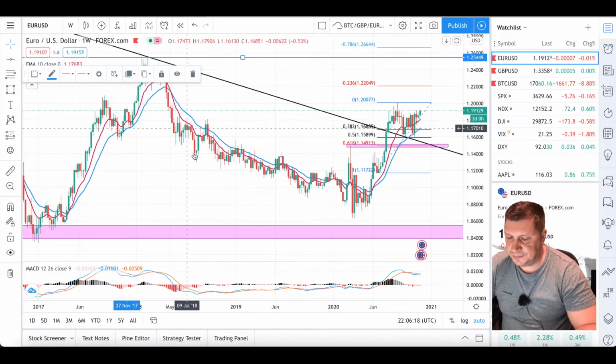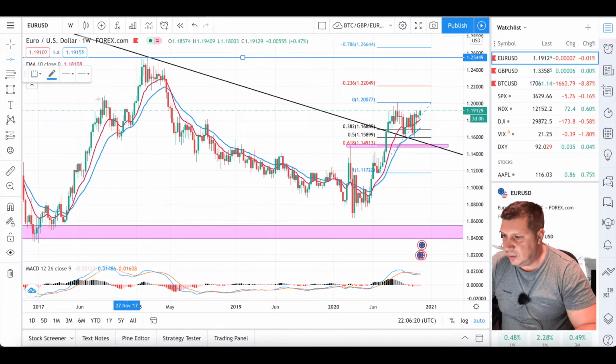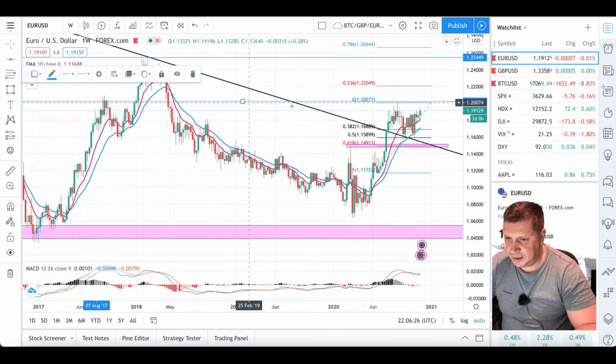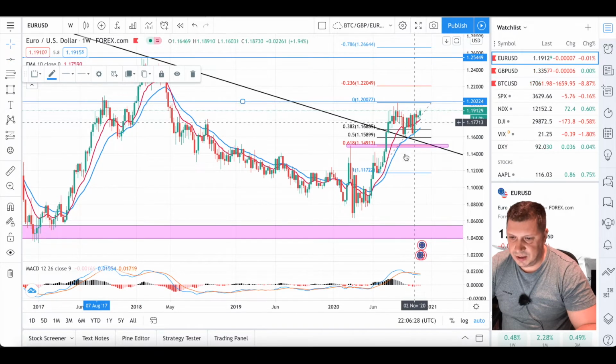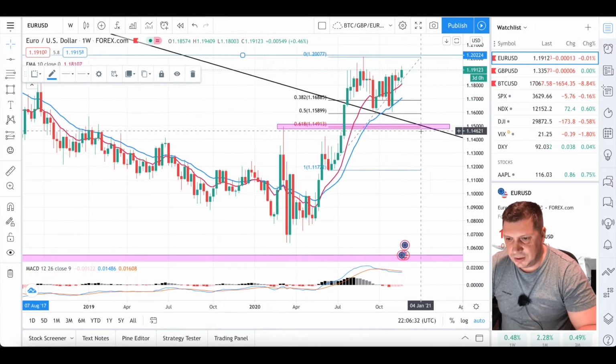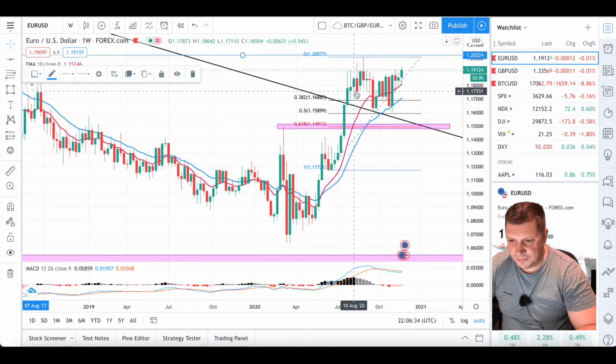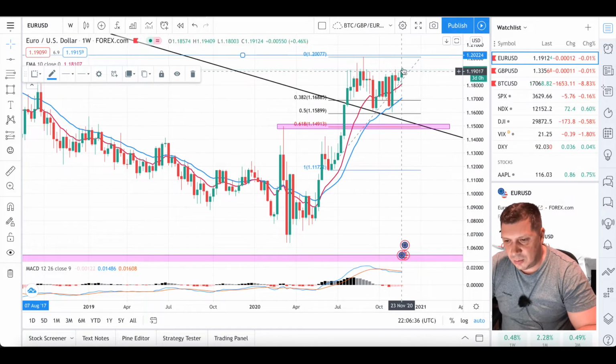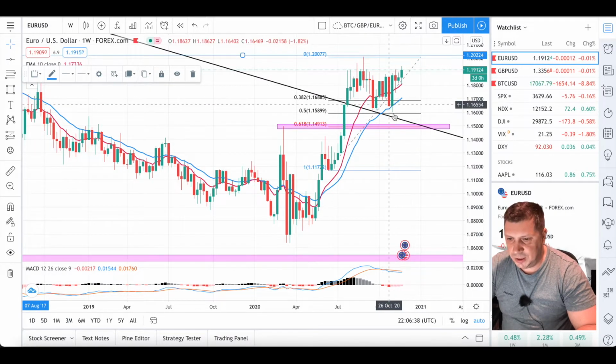Let's see, like this, and right now we are also at this level right here. So you can see, right? So we're right here. So we're moving in this area now, and to continue our movement up, we need to confirm this 61%.